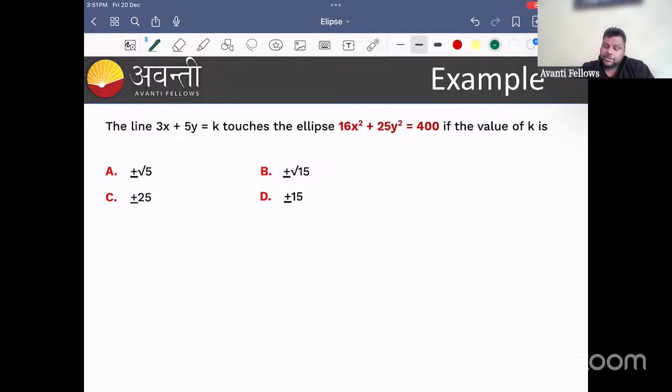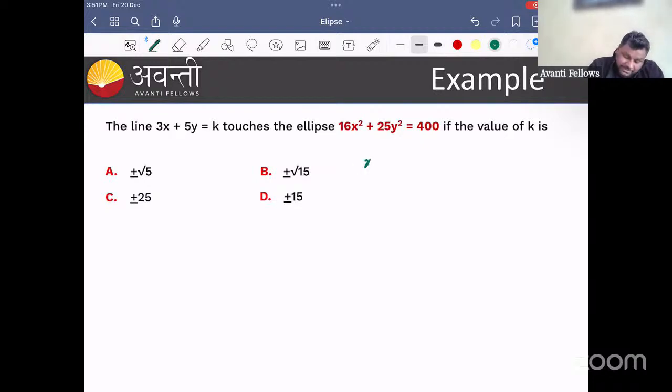Condition is what? If the line is written in the form of y equals to mx plus c, see, nobody has been able to mark it. If the line is in the form of y equals to mx plus c, then c square is equals to a square m square plus b square.